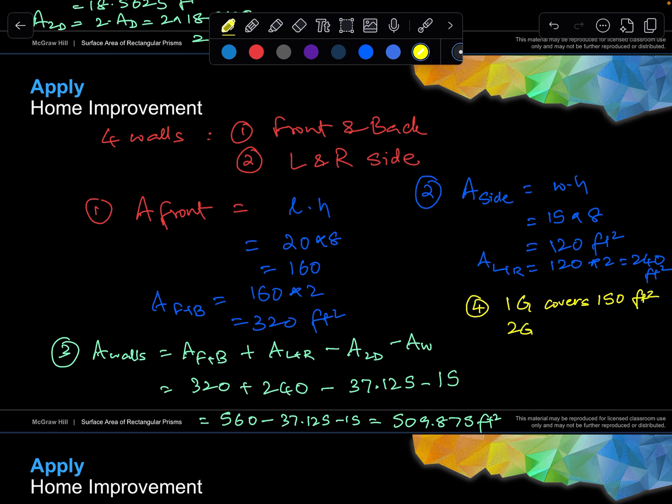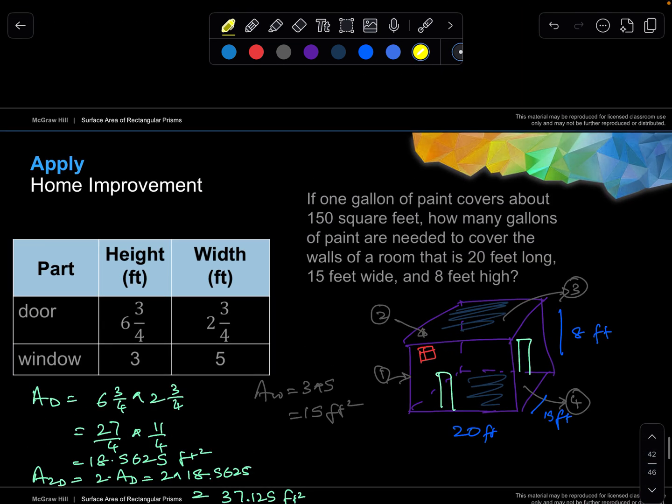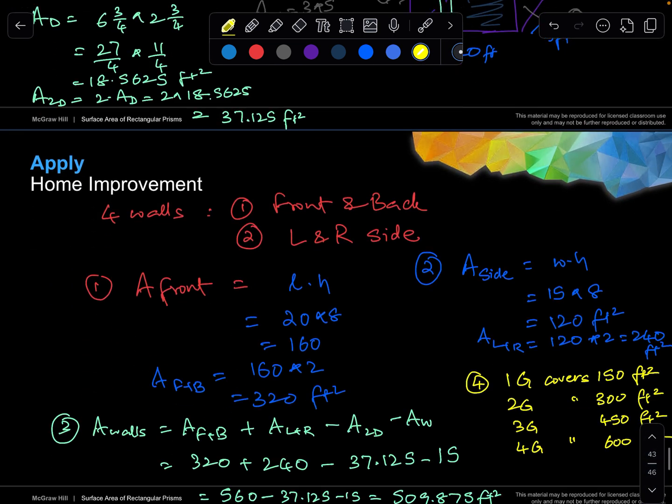Therefore, 2 gallons cover 300 square feet. 3 gallons cover 450, which is still less than the amount that we need to cover. 4 gallons is going to cover 600 square feet, which is more than the area we need to cover. Therefore, I can say we need 4 gallons of paint to cover the walls.